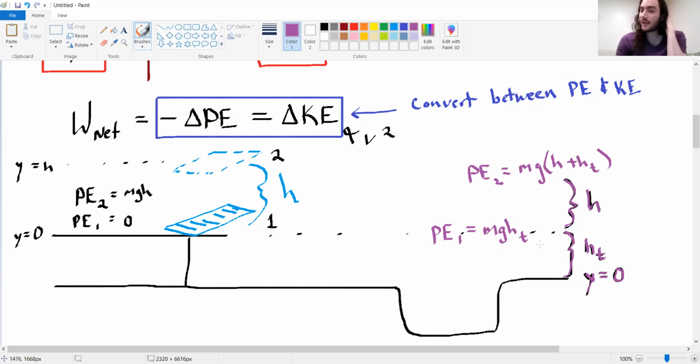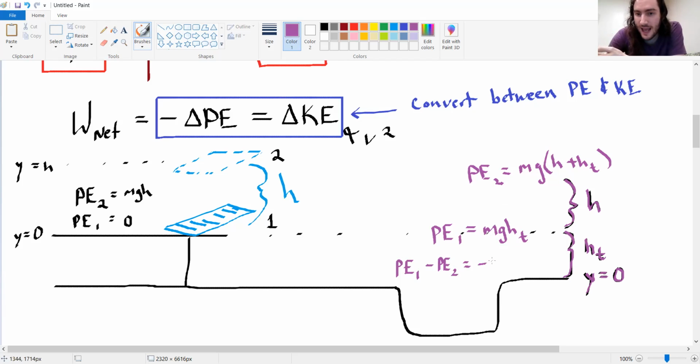But if I calculate the change in potential energy, then what I get is, if I do final minus initial, that's potential energy. If we're saying the book is up in the air and then we drop it, that would be PE1 minus PE2. So PE1 is mght minus mg(h plus ht).